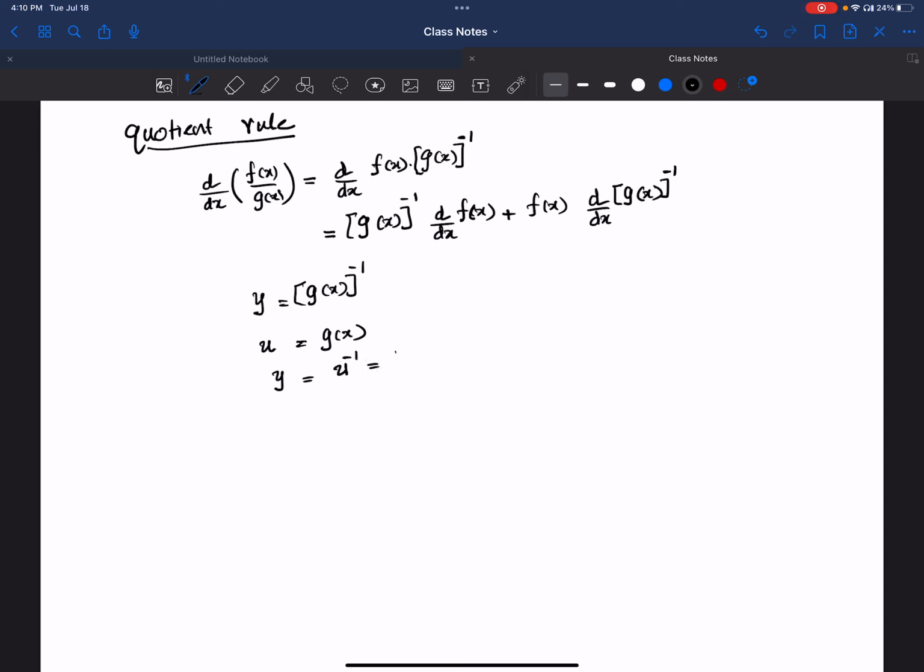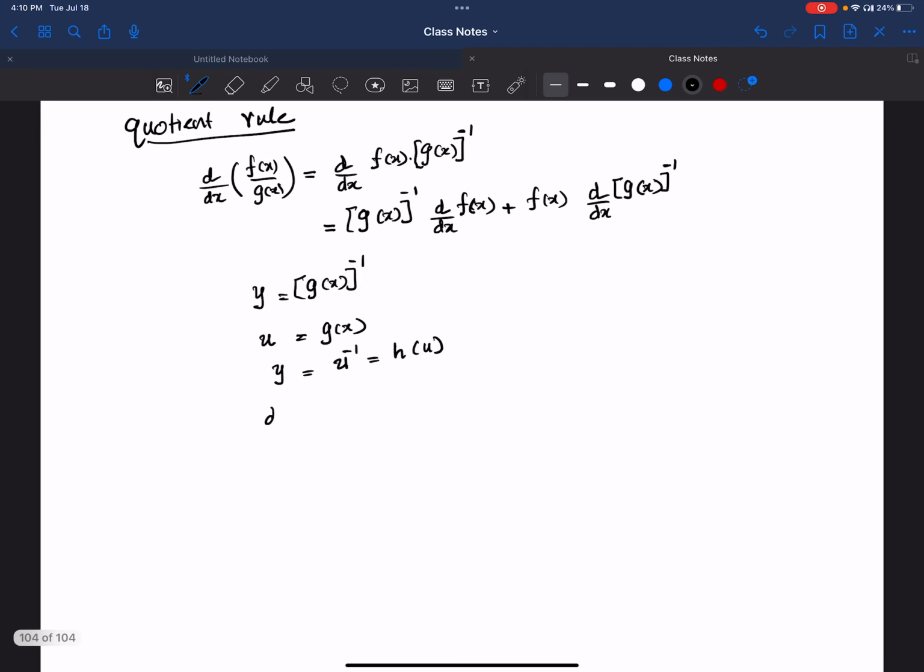So I want to find d over dx of g of x to the power negative 1, which is equal to d over dx of u to the power negative 1.